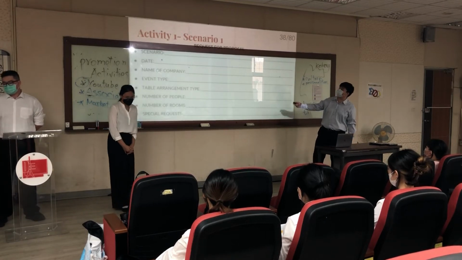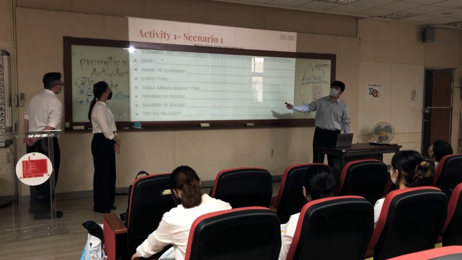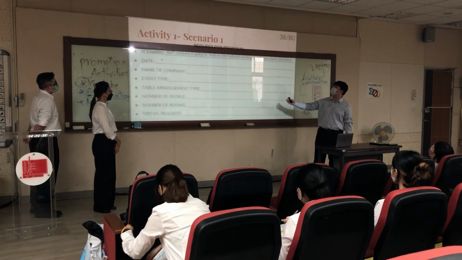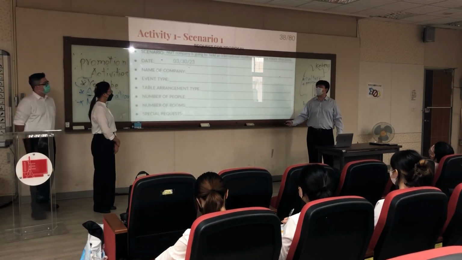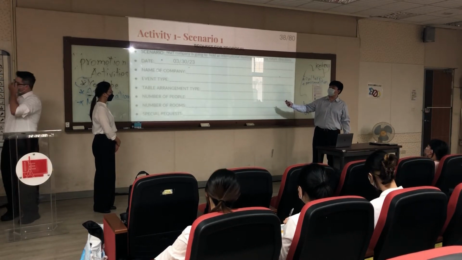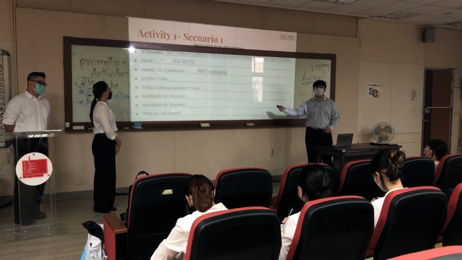Okay, so now let's fill in this proposal together. So first, our scenario will be a NUT company is going to hold an international meeting and discuss future direction. And the day will be March 13, 2023. And the name of the company will be a NUT company.